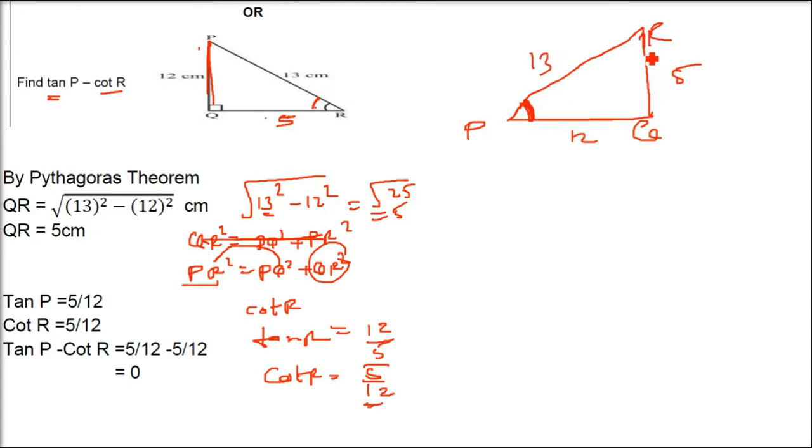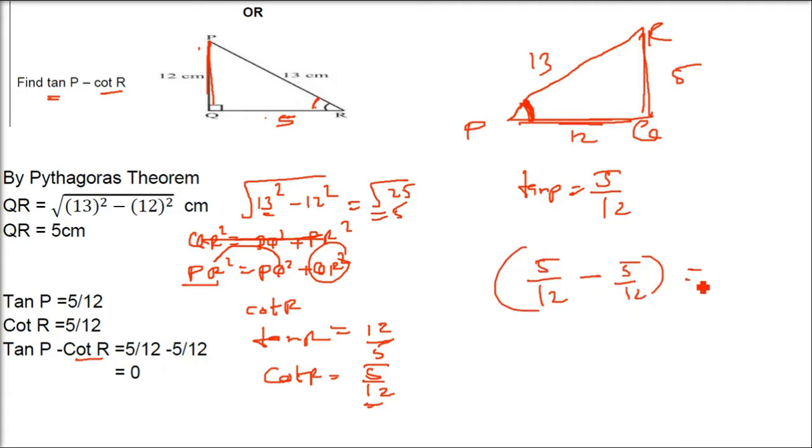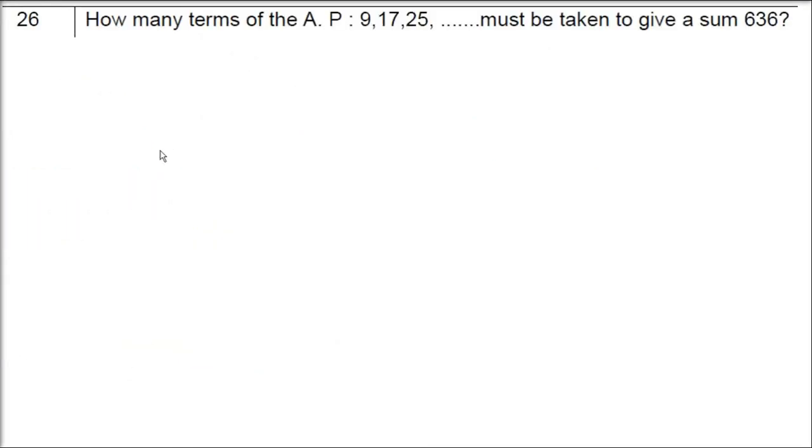So according to this triangle, what is your tan P? It is perpendicular by base, QR by PQ, 5 by 12. So now we have tan P 5 by 12, cot R 5 by 12. Tan P minus cot R is 5 by 12 minus 5 by 12, and that is going to be equal to 0.